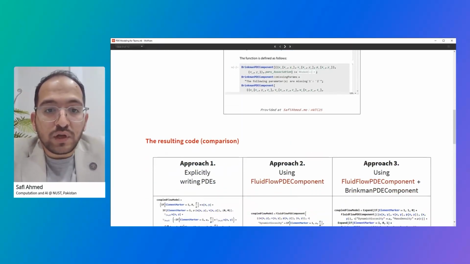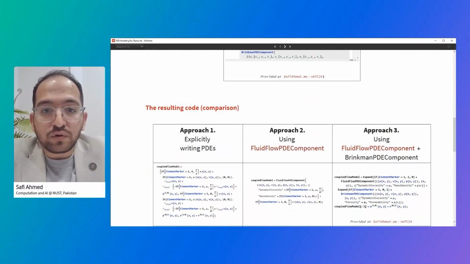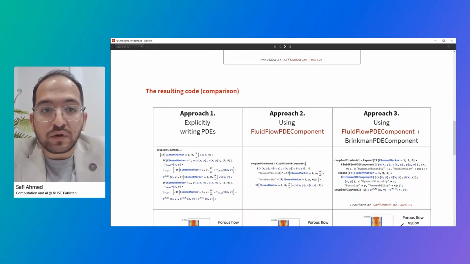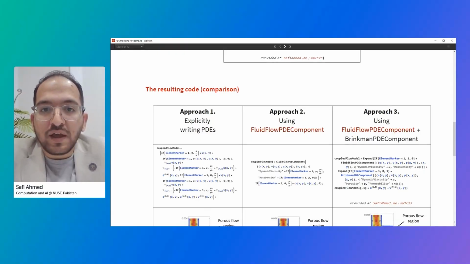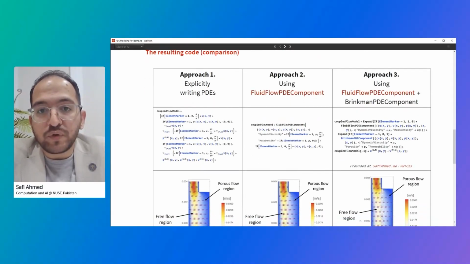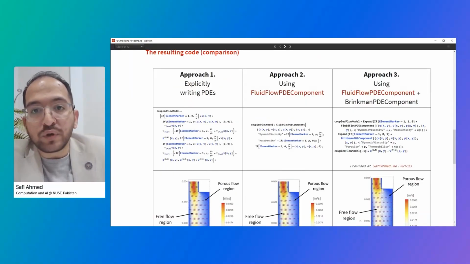Okay. So now look at what the resulting code looks like when we compare our approach one, where we had explicitly written the partial differential equations. And then we went to approach two, where we just used the fluid flow PDE component.